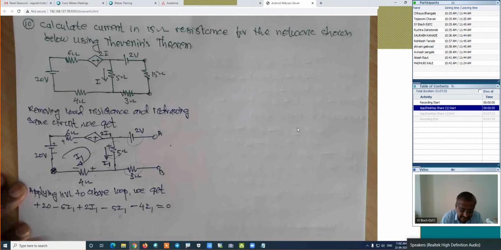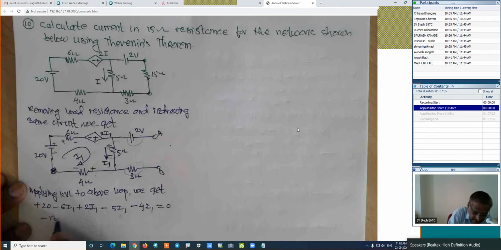Now let's simplify this equation. This is 6 plus 4, which is 10. Is it right? 10, plus 2 I1 and minus 5 I1, means it is 10 and 3, 13. That is minus 13 I1, which is equal to minus 20. Or indirectly, this I1 is equal to 20 divided by 13.